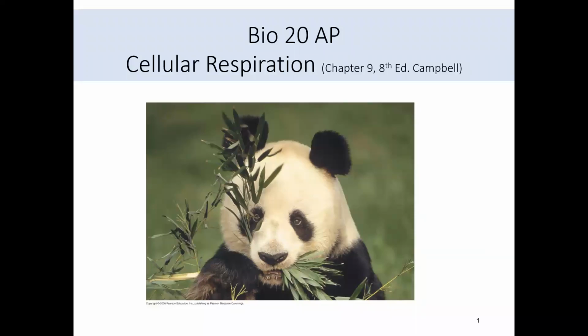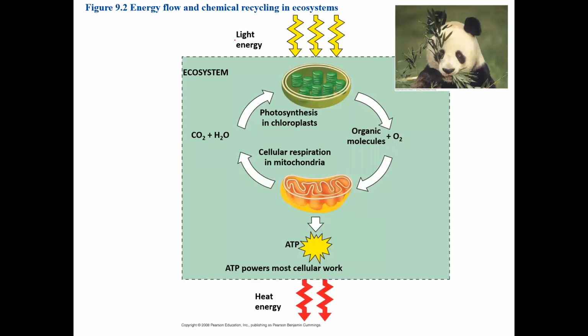Okay, we're going to look at Chapter 9, Campbell edition, on cell respiration. When we look at this panda bear eating, let's break this down a little bit. Literally, light energy went into the plants to make organic molecules, as well as some oxygen.